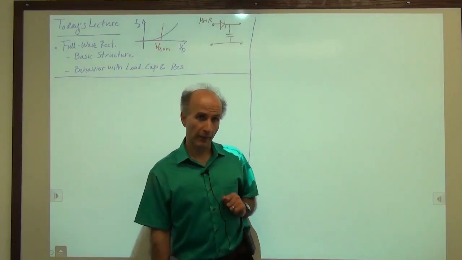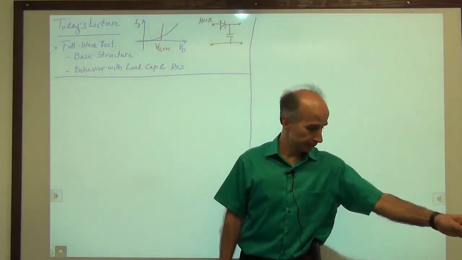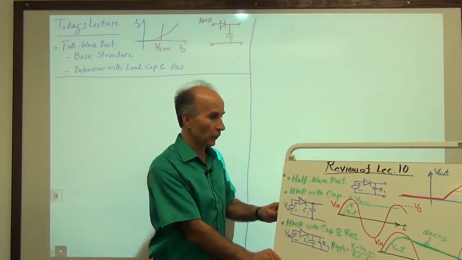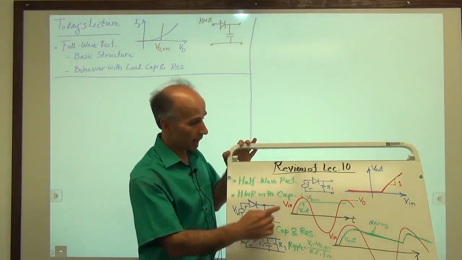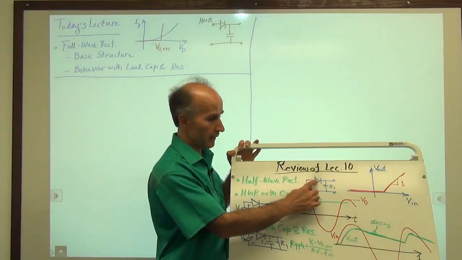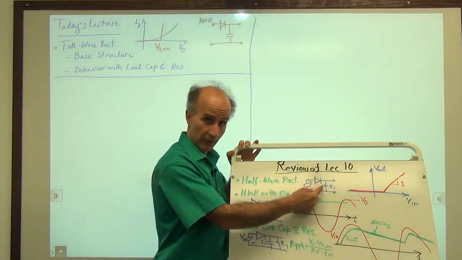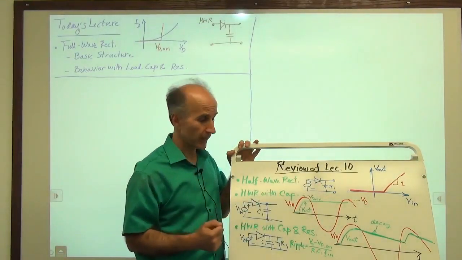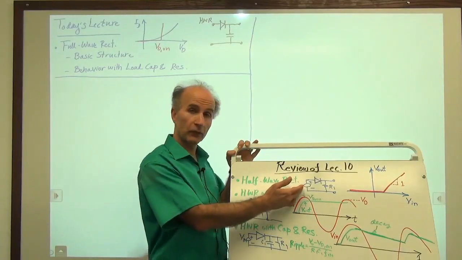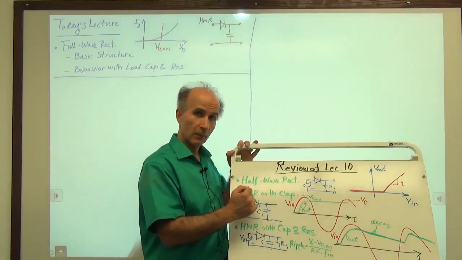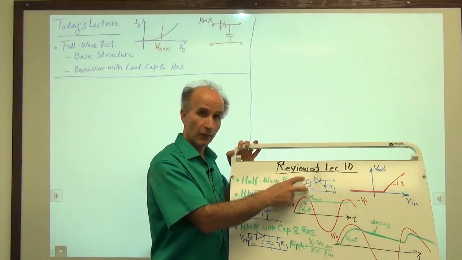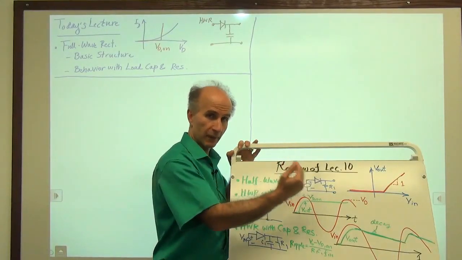So let's refresh our memory about what we covered last time. Here's a quick summary. We saw that a half wave rectifier consists of a diode and maybe a resistor in the simplest case. For this circuit we could draw the input-output characteristic by varying the input voltage from minus infinity to plus infinity.